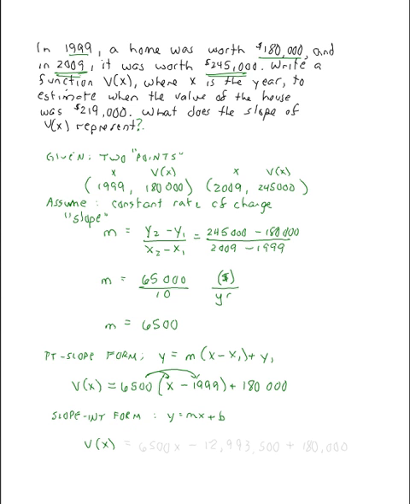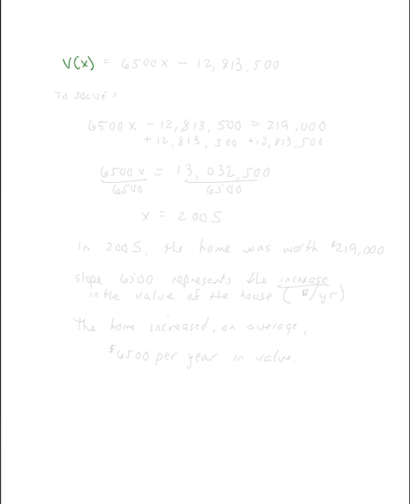So our v of x will become 6,500x minus some ungodly large number, 12,993,500, plus that 180,000 initial value. So we have v of x equal to, finally, 6,500x minus 12,813,500. Now, this doesn't look nice, and it's not very pretty, but it will do the work we need.